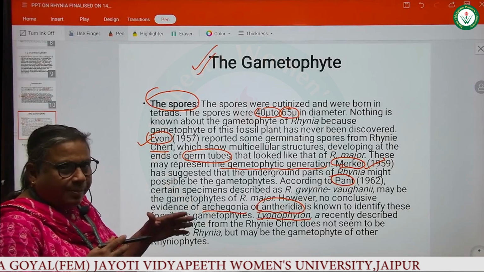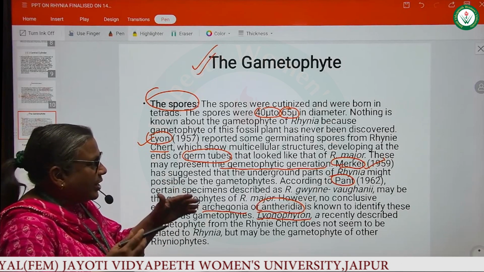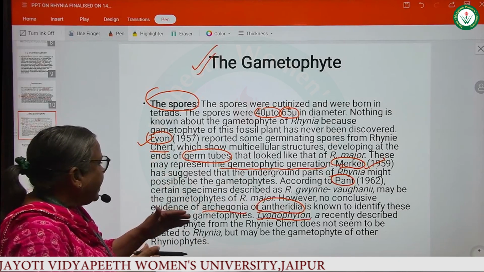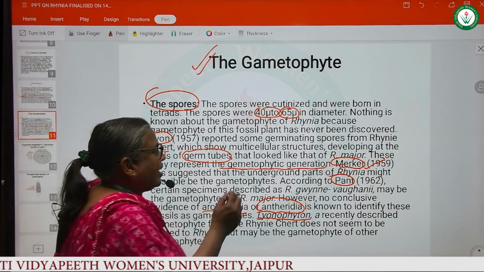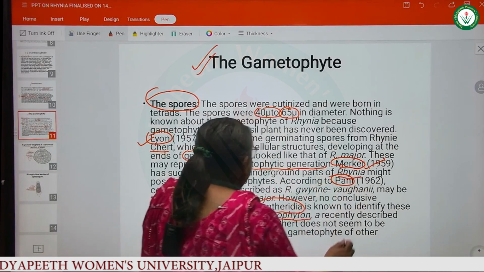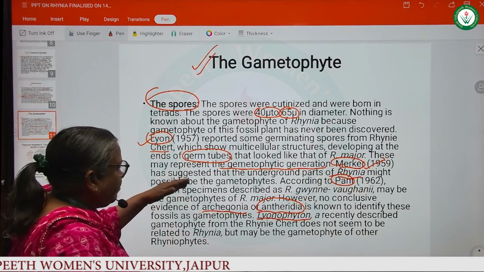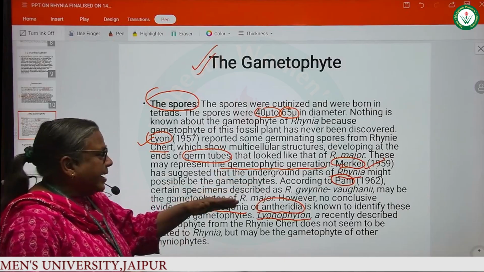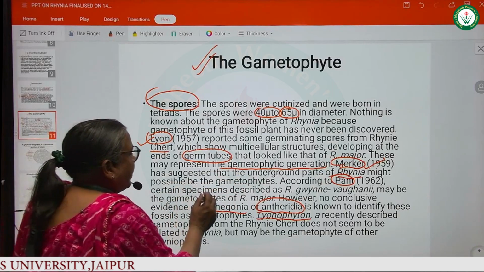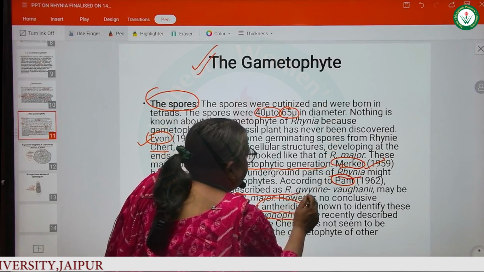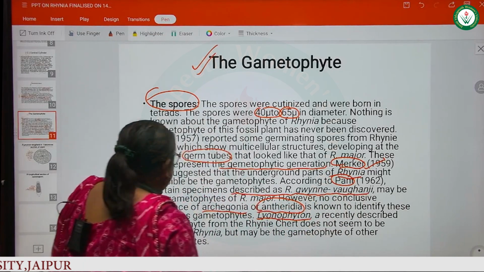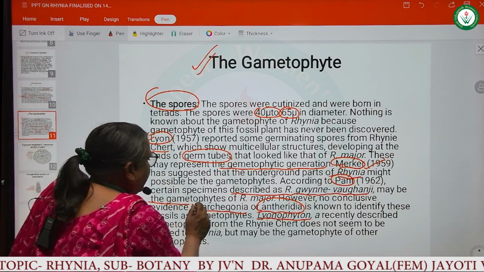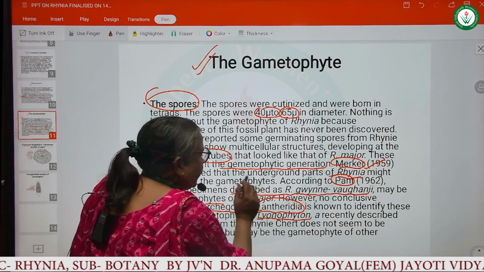These may represent the gametophytic generation, and Merker in 1959 suggested that the underground parts of RHYNIA might possibly be the gametophyte. According to Pant in 1962, certain specimens described as RHYNIA guani may be the gametophytes of RHYNIA major.